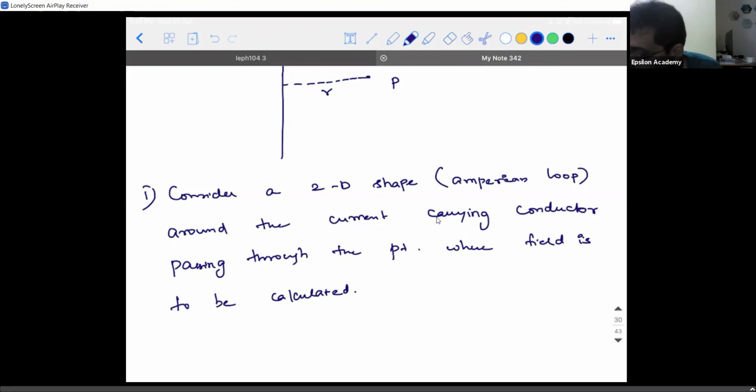Okay, so this Amperian loop should be symmetric with the conductor.